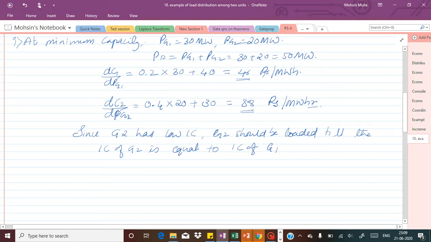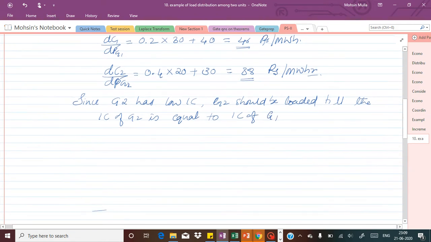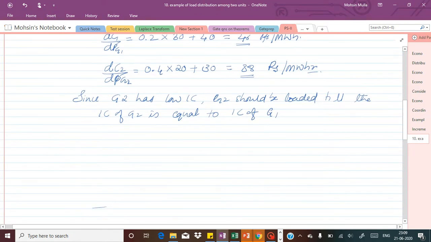That is, it should become 46 rupees. Now let us see at what value of the generation this incremental cost will be equal to 46. So let us say dC2 by dPg2 is equal to 46.